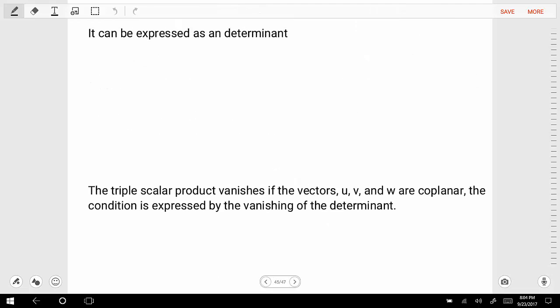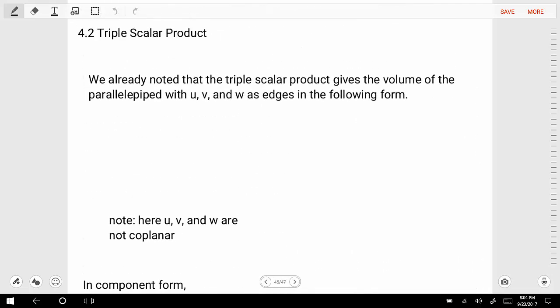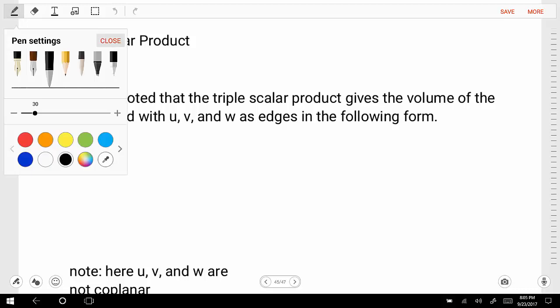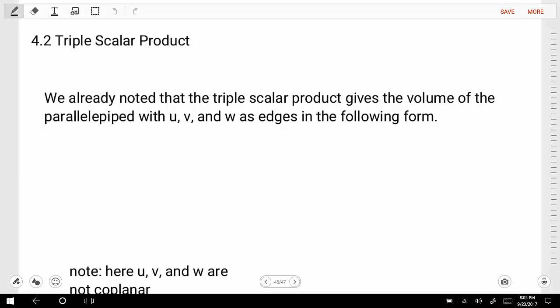So another property that we're interested in exploring is the triple scalar product. And scalar tells us that the product here is going to be a scalar quantity. Now, we introduced this earlier, when we went over vectors.